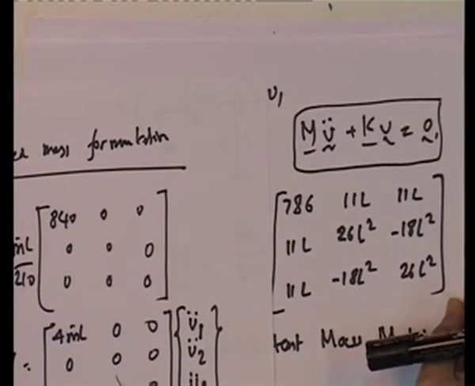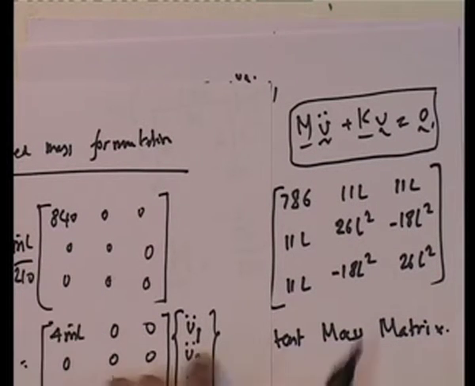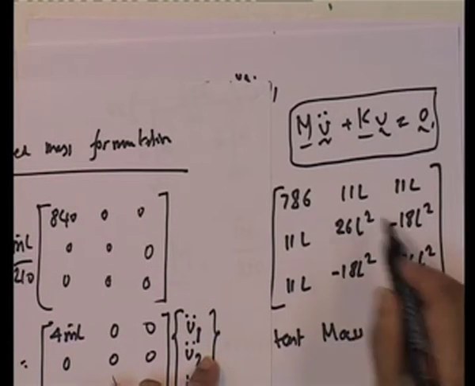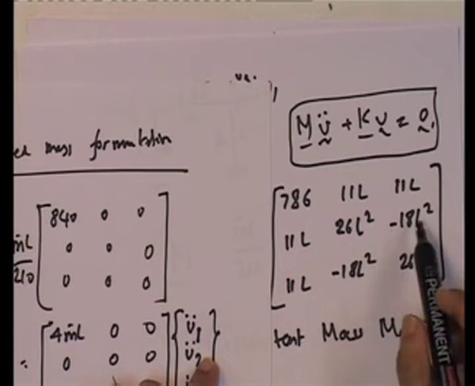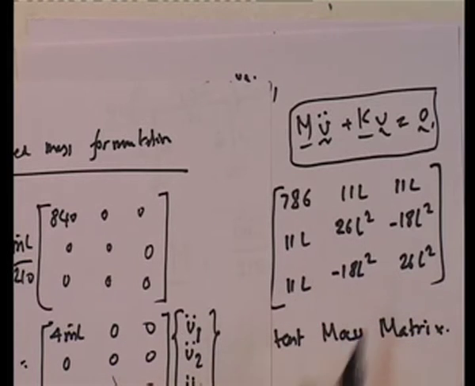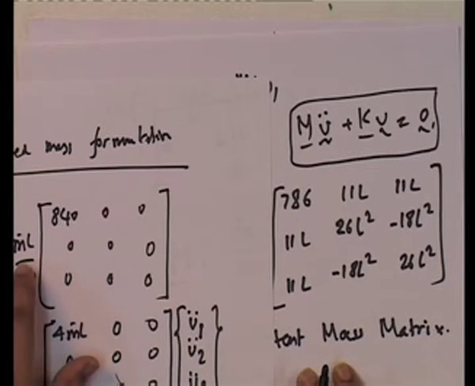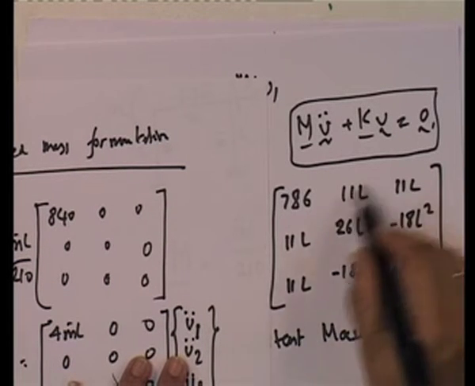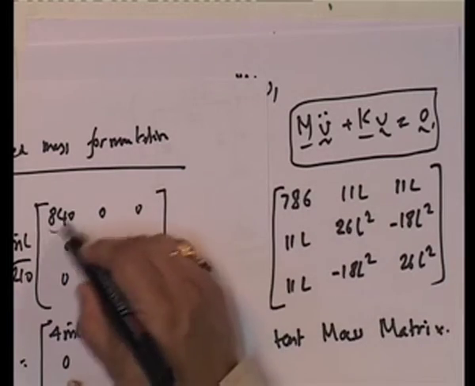Here this is 840, this is 786, and you see these terms are so much lesser than this term that when we put them together, there is not too much of a difference. If you get the response, it is not going to be too much different. Note that I have put both m bar L upon 210 outside in both cases. So all these terms are actually lumped into this over here.